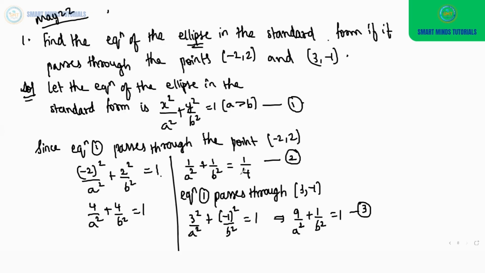In 2 and 3, you have 1 by b square, 1 by b square. If we subtract these two equations, 1 by b square will get cancelled. So either you do 2 minus 3 or 3 minus 2, anything is fine. 1 by a square plus 1 by b square and 9 by a square plus 1 by b square. This is 1 by 4, this is 1.